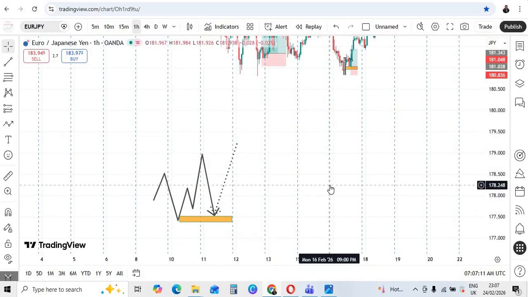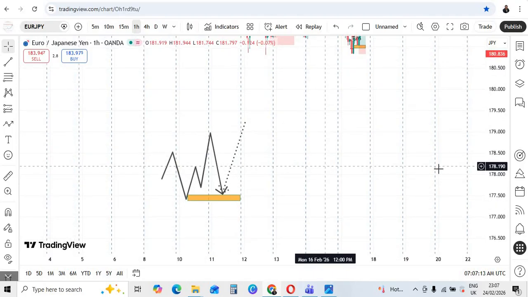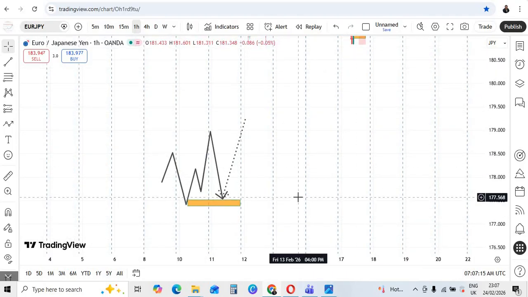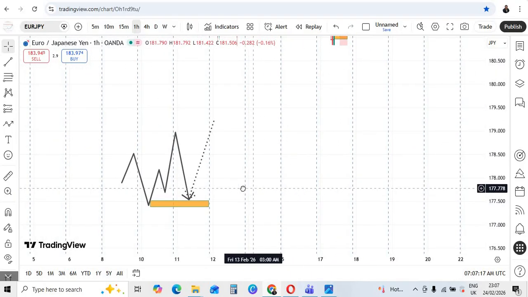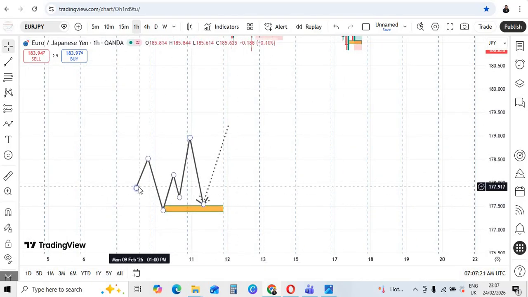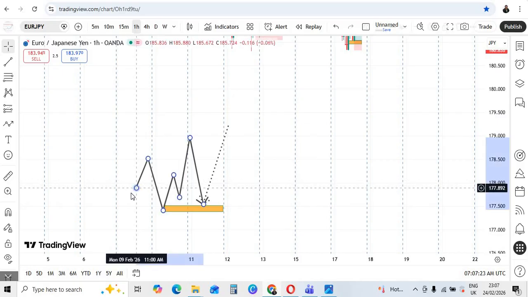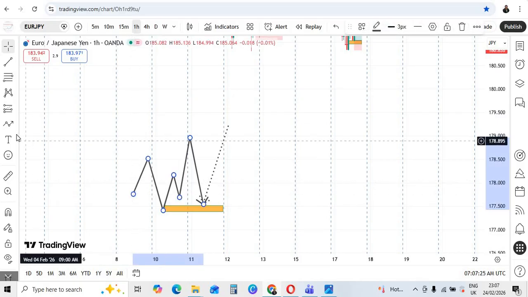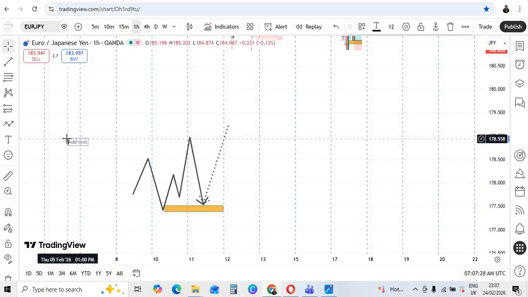So this is the first pattern. The first thing we have here is a sweep of the previous low.